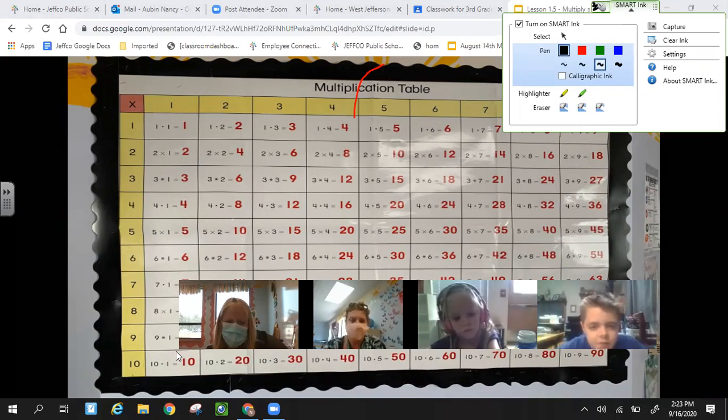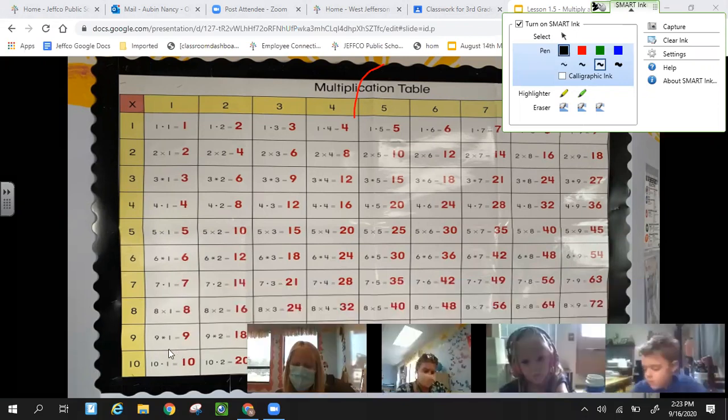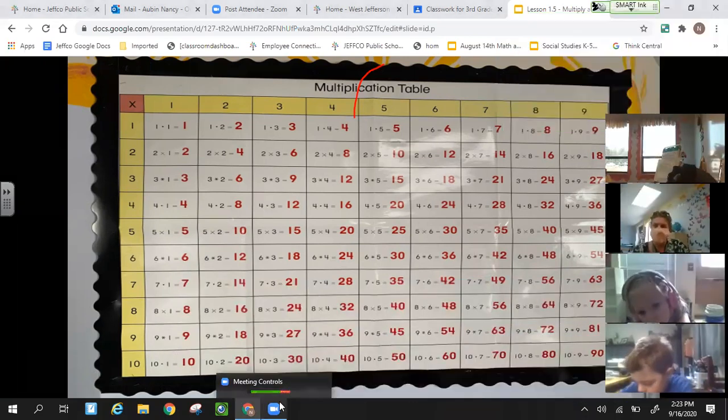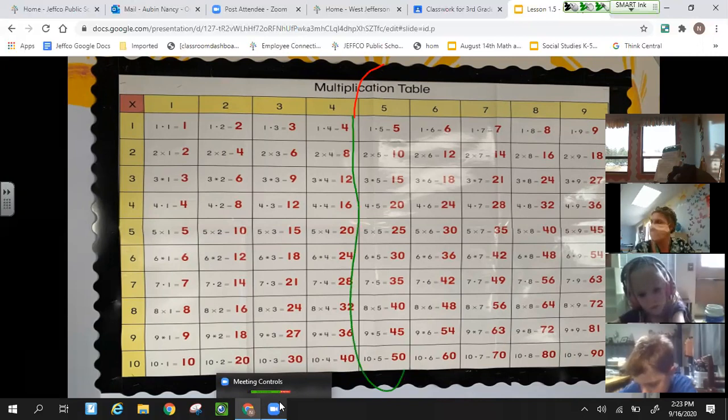We are going to practice our 5s, and then I'll give you a chance to write on your board, I promise. But say these with me. Here we go. Ready? We're looking at this vertical column. Let's do these first.